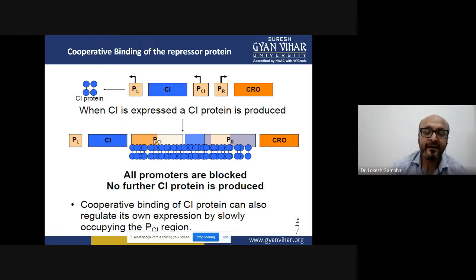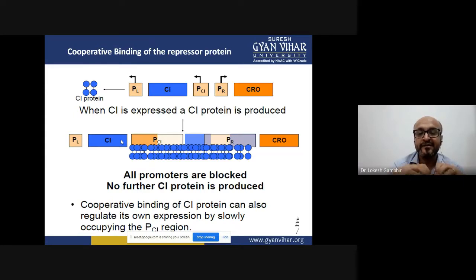Now, what does it indicate? It indicates that the C1 protein has now suppressed the complete PR and PC1. So no more C1 is required. So the complete infected double-strand DNA will now be going for lysogeny.